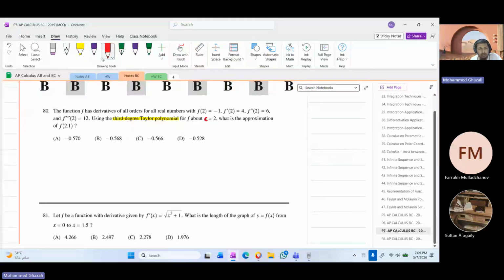What is the approximation of f of 2.1? The Taylor series expansion of f is the sum from n equals 0 to infinity of the nth derivative evaluated at c over n factorial times x minus c to the power n. We want p3 of x, third degree, meaning up to the power 3.